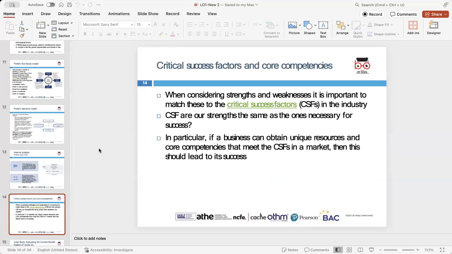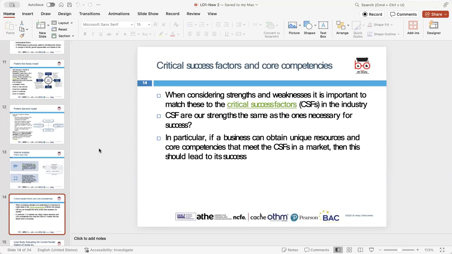Next is critical success factors and core competencies. Critical success factors, or CSF, are essential areas of activity that must be performed well to achieve the organization's goal. When analyzing strengths and weaknesses, it is crucial to align these with the critical success factors in the industry.